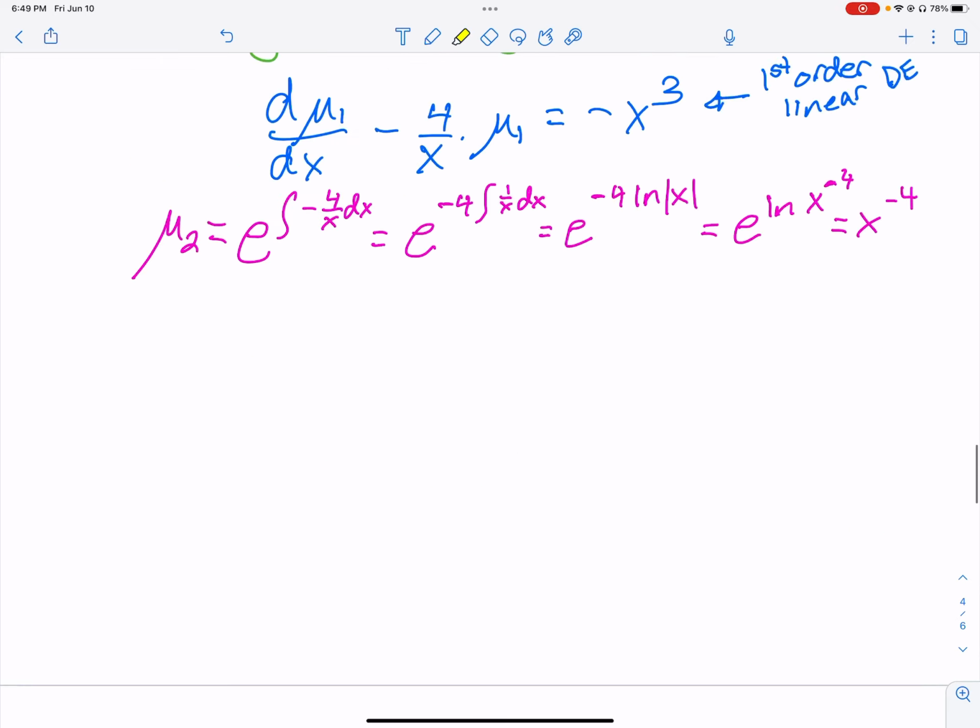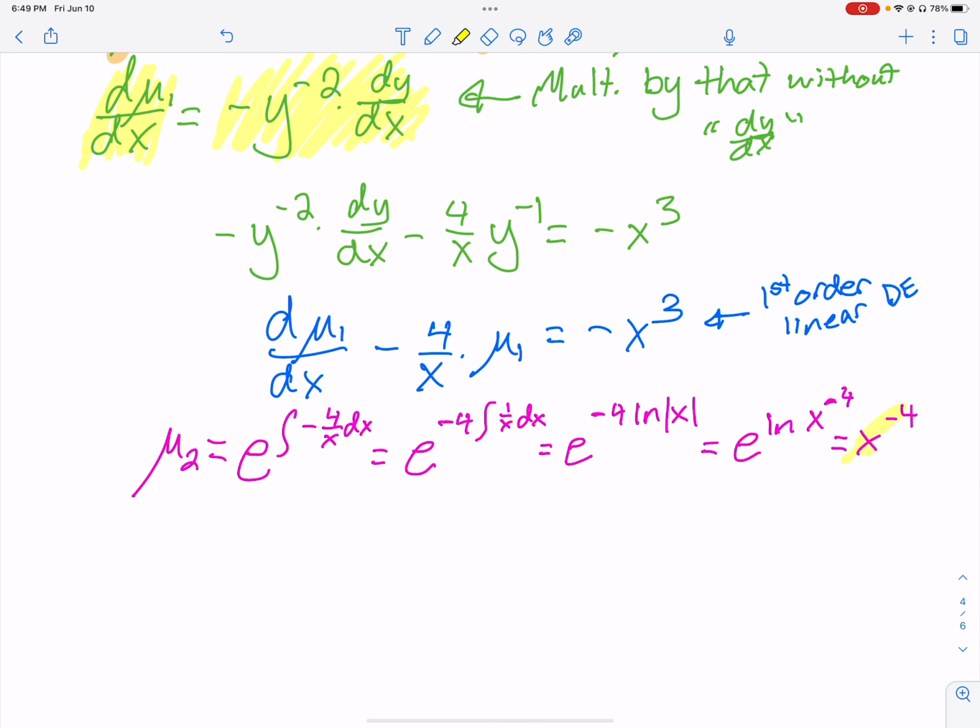All right, so let's highlight that. This is equal to mu2. Now we're going to multiply by that because we have the blue equation, the first order linear DE. So I'm going to multiply that equation by mu2.